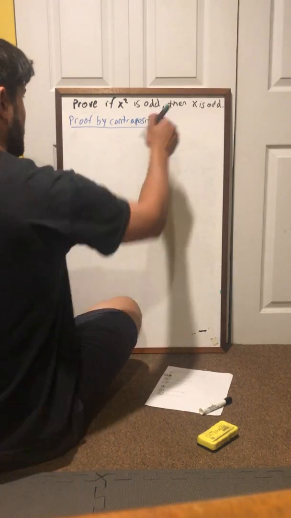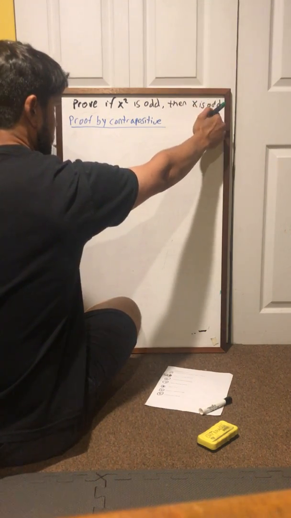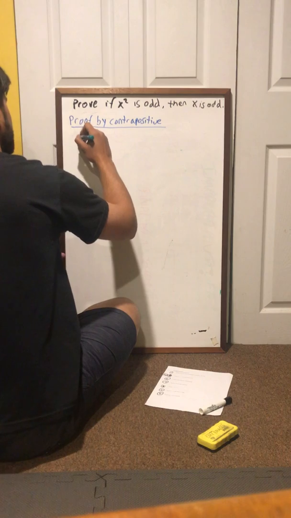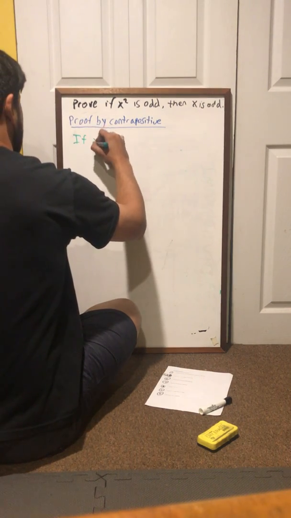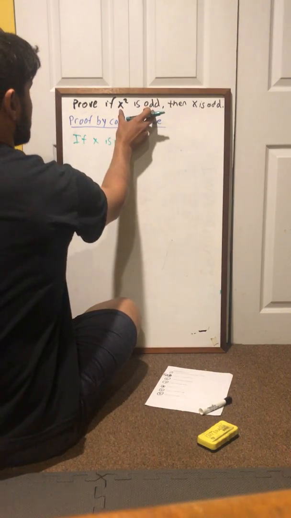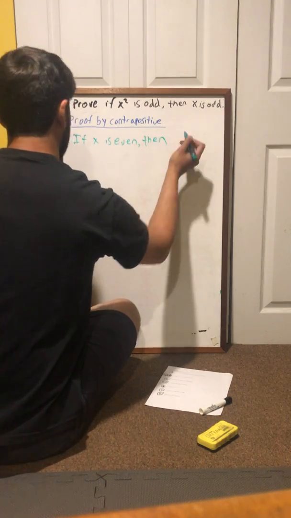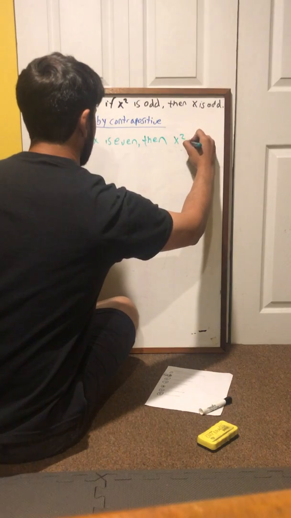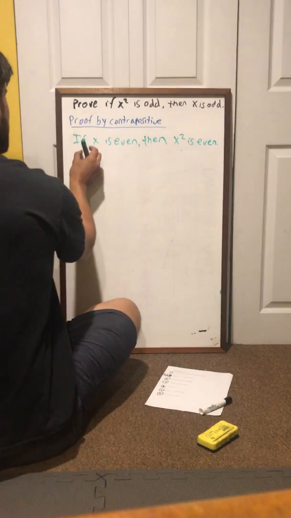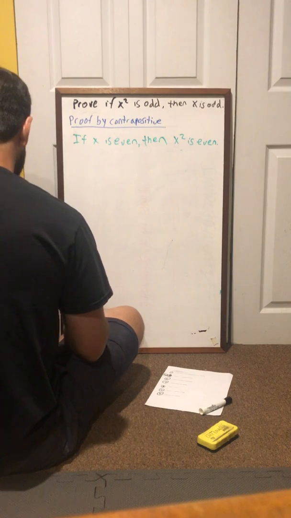So if not Q, so x is odd, the opposite of odd, x is even. So if x is even, then x squared is even. All right, so we're going to prove it this way. If x is even, then x squared is even. Okay, that's the proof by contrapositive we just set up.